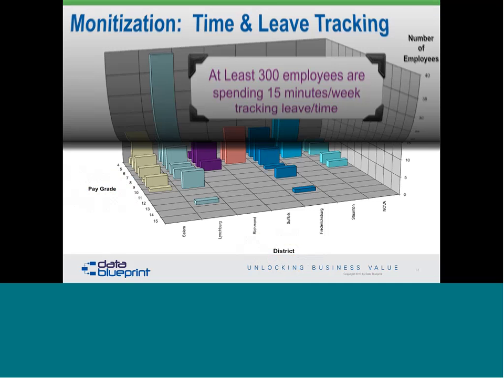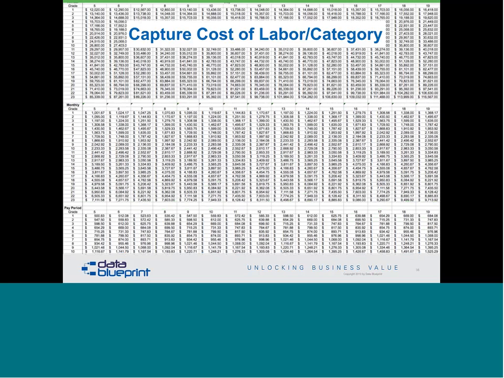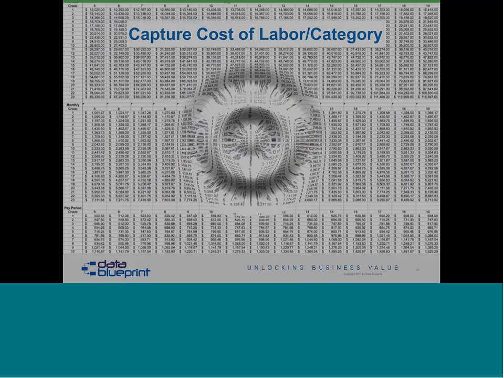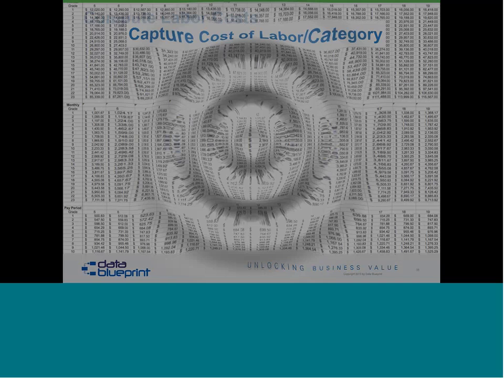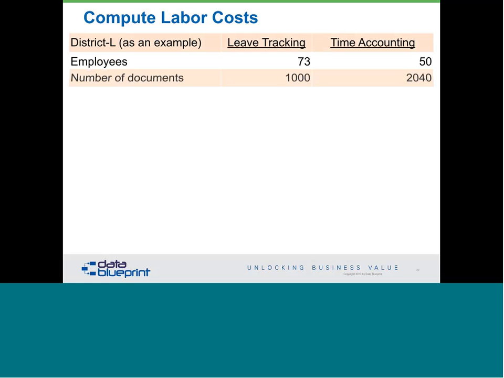Once we have that information, we can take the pay grades, and we don't have to know what people make. We just have to know that somebody in an entry-level position at that organization was making X amount of dollars. That gives us the ability to say, within that context, I'm just picking District L in this case, there were 73 people doing leave tracking and 50 doing time accounting.